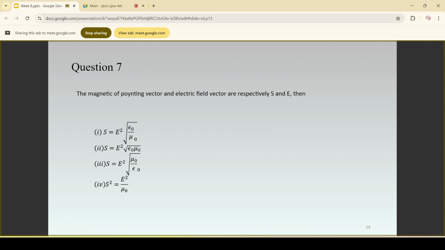It cannot be directly proportional to E or separately proportional to E. It has to be either E into B or E square or B square, and if you square it again, it has to be of order 4. And this other one was also not true. So we have found that the first answer, S is equal to E square times the square root of epsilon naught over mu naught, is correct.